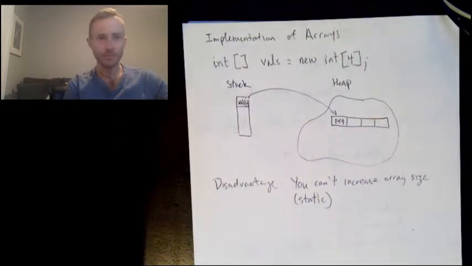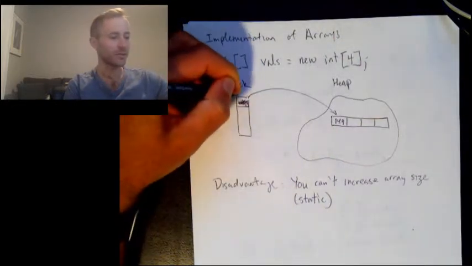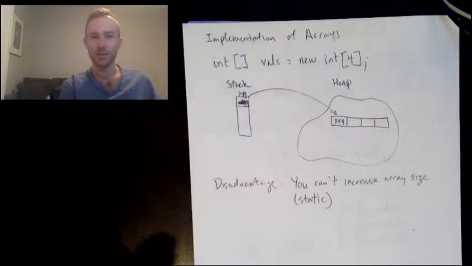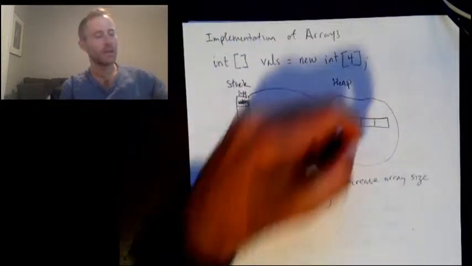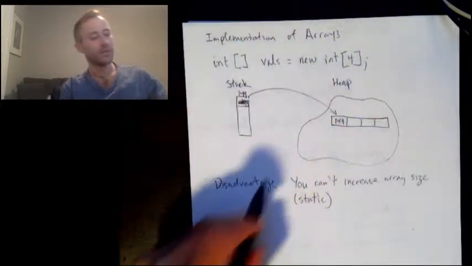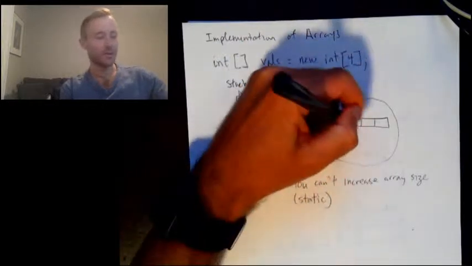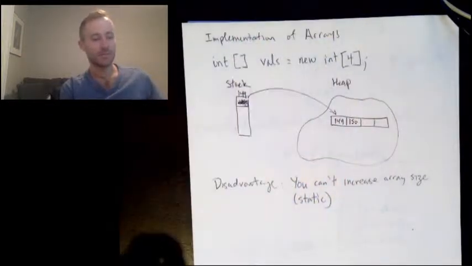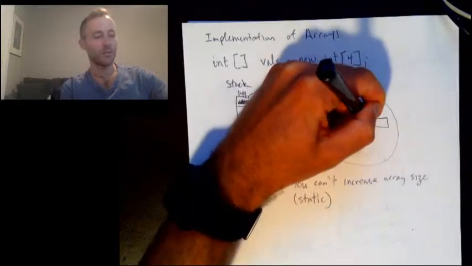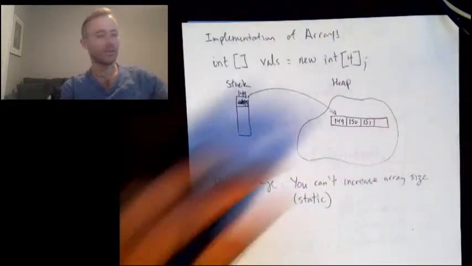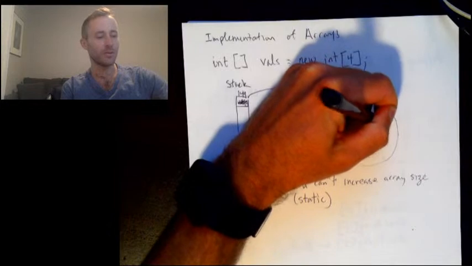Okay, so that means that the stack is storing memory address 149. Then the first element of the array is going to be stored at 150, and then the second is going to be at 151, and then the third one is going to be at memory address 152.